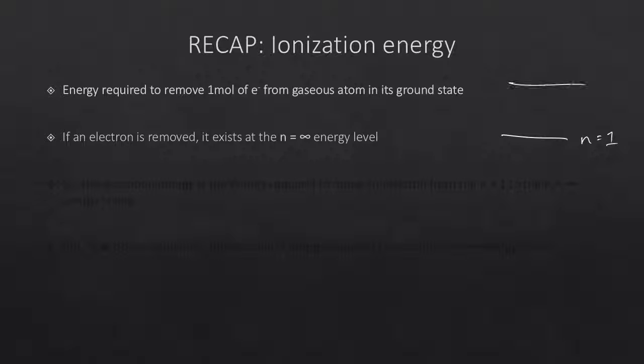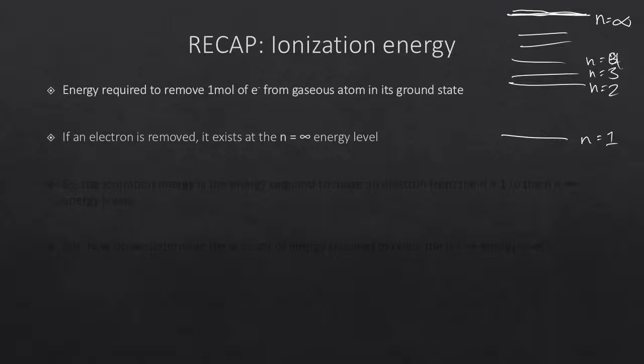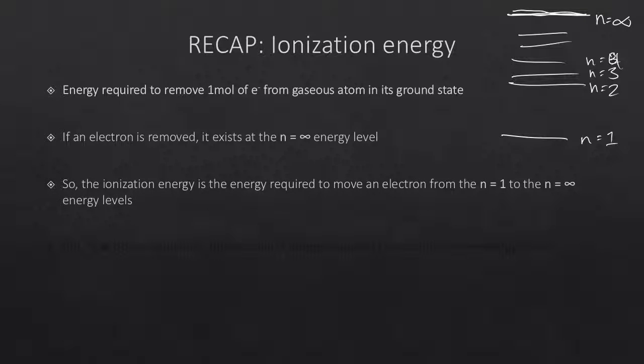There are then a number of energy levels above where that electron can jump to. Once I reach the point where that electron is no longer being held by my atom, that is called the n equals infinity energy level. It is infinitely, as far as the electron is concerned, far away from that atom.